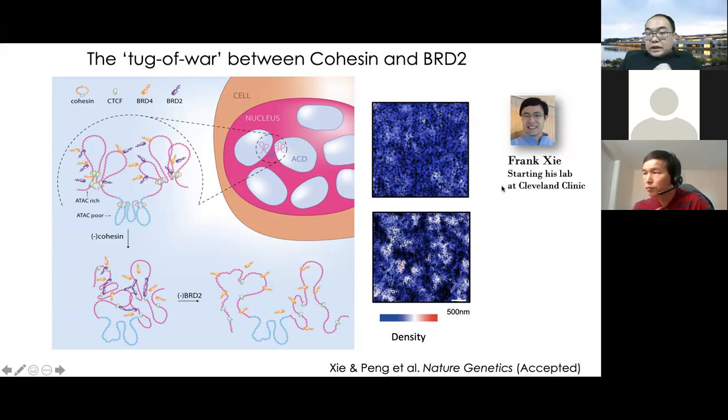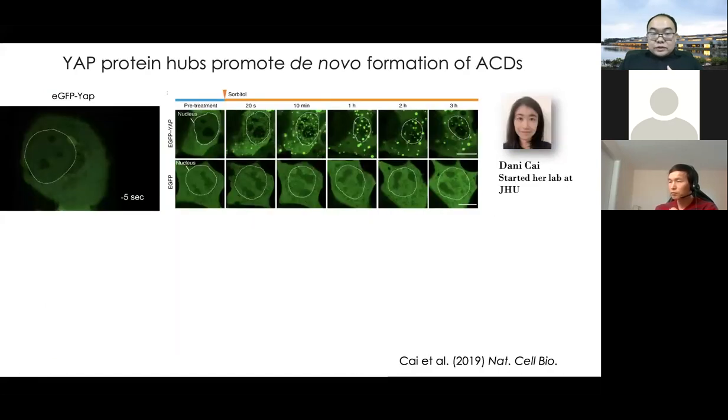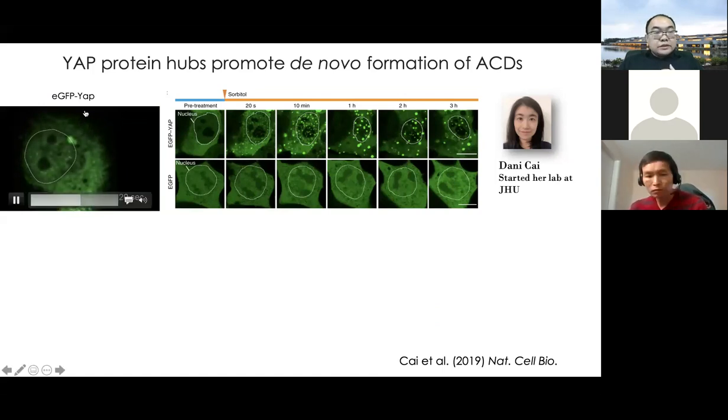The lead author of these two papers, Frank, is starting his lab at the Cleveland Clinic. Another, I think, very supporting story was done by Danny in collaboration with Jenny Philipinka-Swartz. We studied a transcription co-activator called YAP, and this YAP protein can form phase condensates very rapidly after hyperosmotic stress.